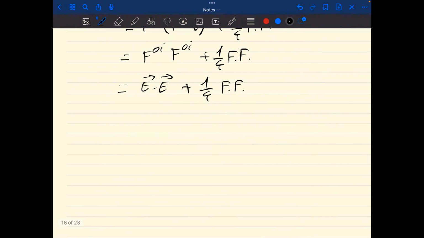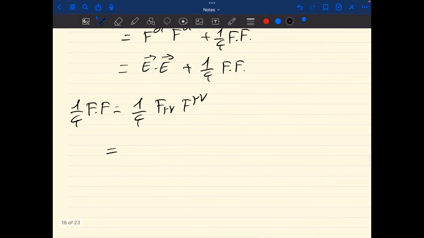So 1/4 of FF is equal to 1/4 of, let's just write it, F_{μν}F^{μν}. Now, μ and ν can take value 0 or, let's say, i or j.